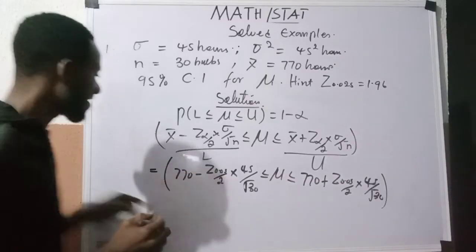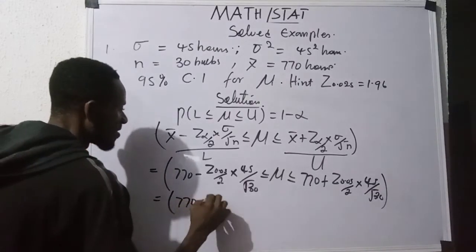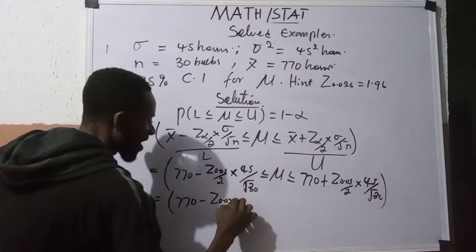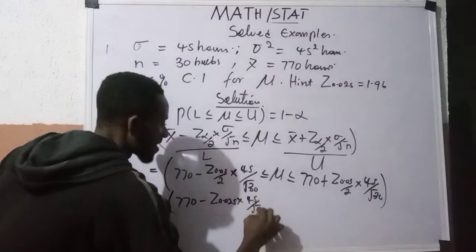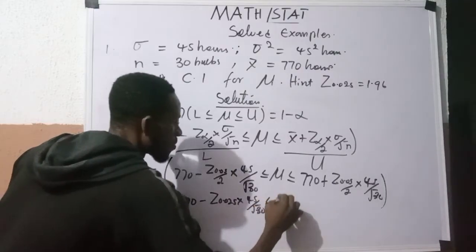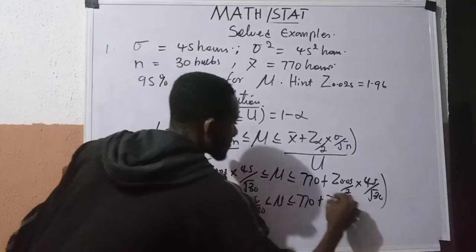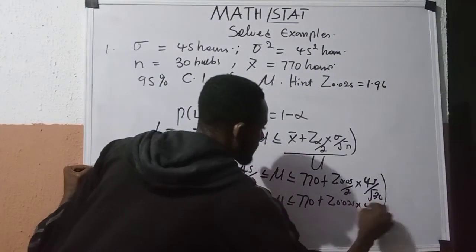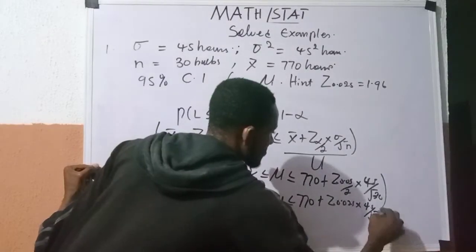So in that case, this equals 770 minus z of 0.025 multiplied by 45 all over root 30, is less than or equal to mu, which is less than or equal to 770 plus z of 0.025 times 45 all over root 30.